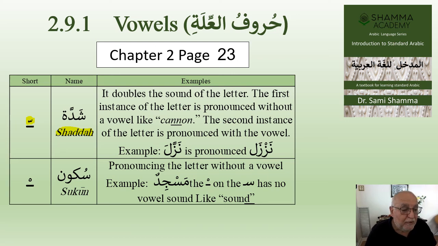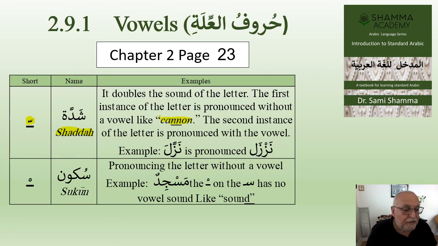A good example in English is the word canon. It's C-A-N, can, silent N, can, and then a moving N, nun, canon. So you pronounce it the first time silently, you pronounce it the second time with the vowel that comes after it.